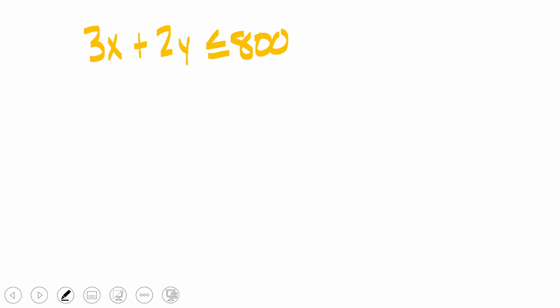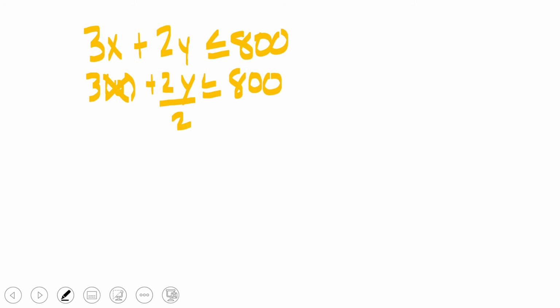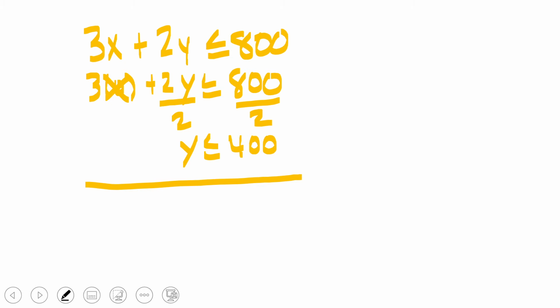I'm going to plug in 0 for x. Okay, so that goes away. We have divide by 2, and y is less than or equal to 400. So we have a plotted point, 0, 400. We're going to plug in 0 for y.